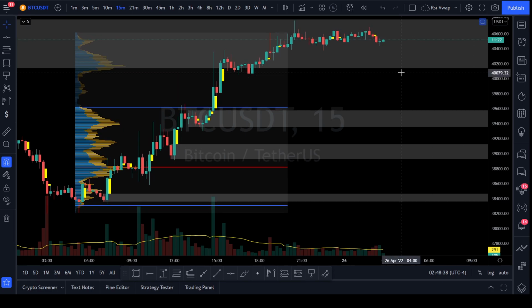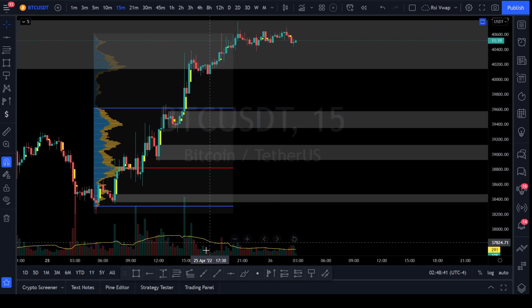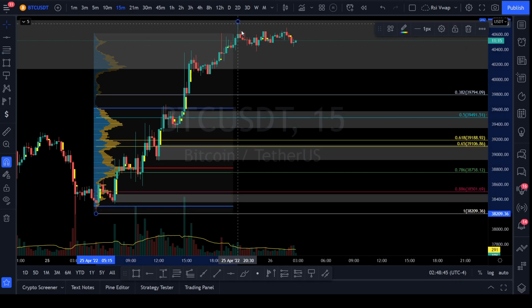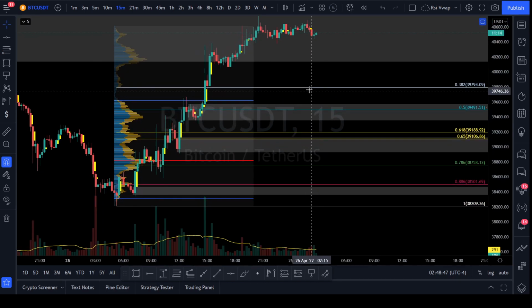So right now, I'm going to pull the Fibonacci's from bottom to top, look for some confluence in certain areas. Your first area would be the 382 here, but it doesn't look like there's any real high volume.